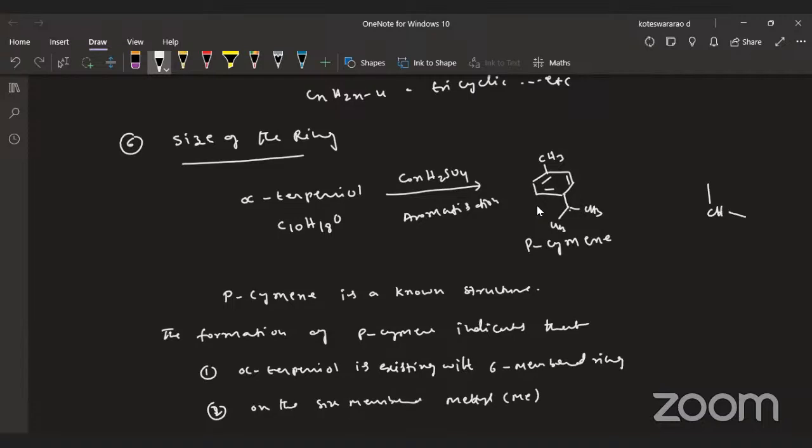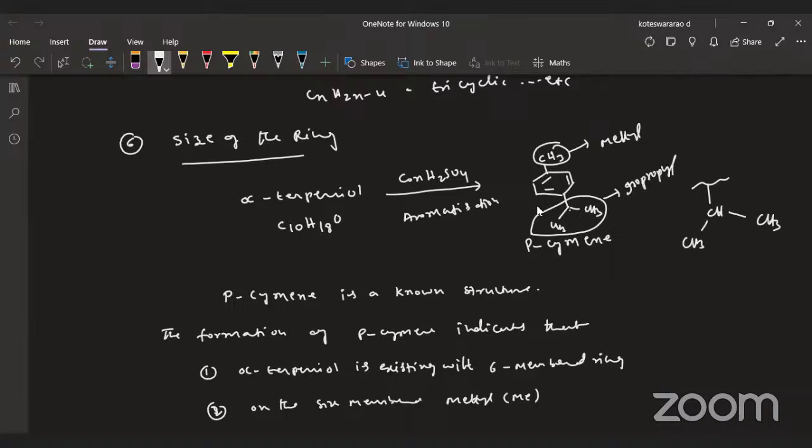CH3, CH, CH3. Yes, this is the isopropyl group. This is the attachment. This group is the isopropyl group. This one is the methyl group. Isopropyl. Okay.